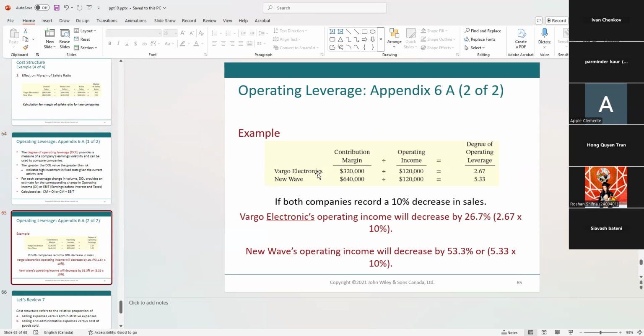That operating leverage for those two companies tells you, if we increase the sales by a certain percentage, what will be the effect on our operating income. The company with the low operating leverage, an increase in sales is going to generate a small increase in operating income. And the company with the high operating leverage, for a small change in sales, is going to have a huge effect on their operating income.